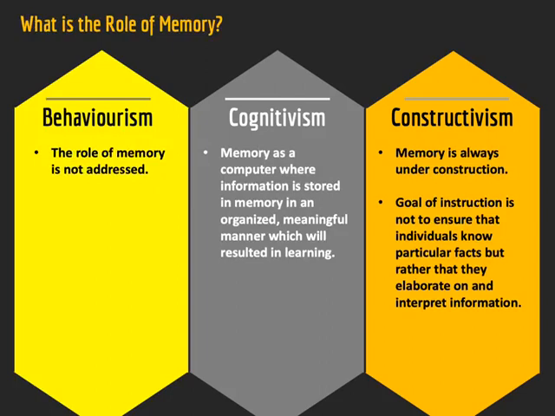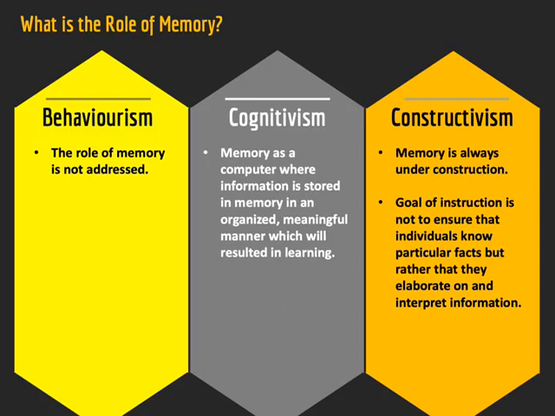Next, how does the role of memory differ between these three learning theories? In behaviorism, the role of memory is not addressed, whereas in cognitivism, memory is treated as a computer where information is stored in memory in an organized, meaningful manner, which will result in learning.